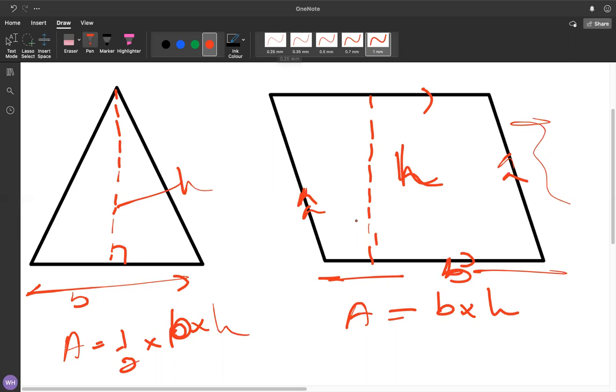Yes, page number 88. Before that, do you know what is an altitude?